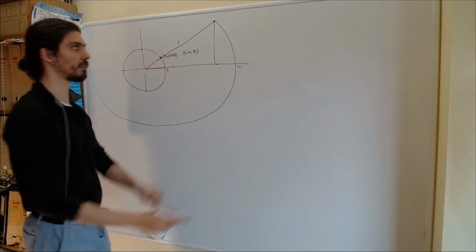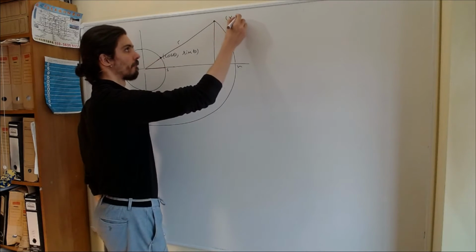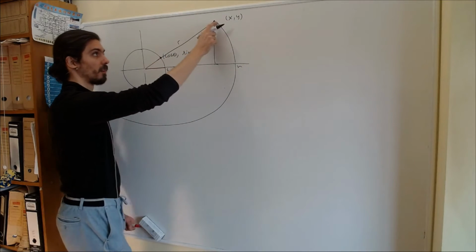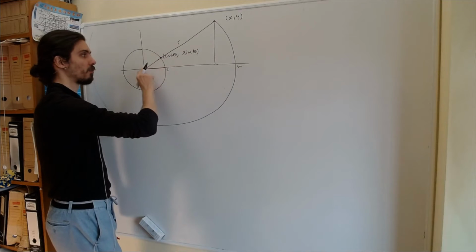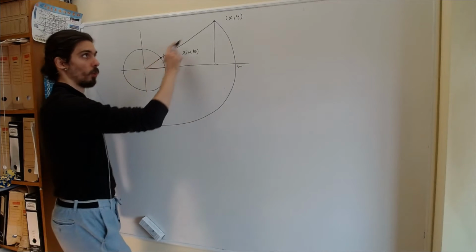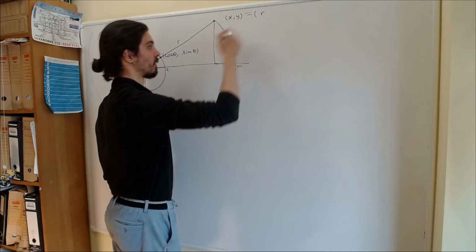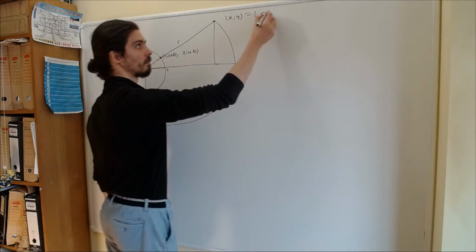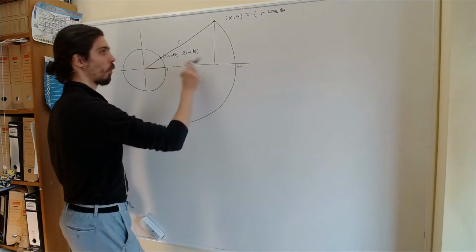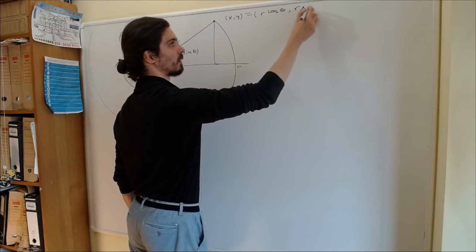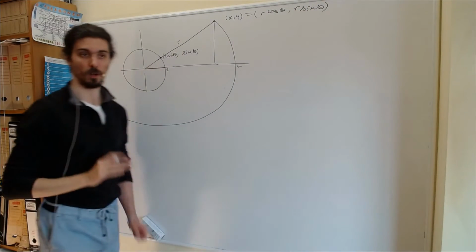The coordinates of this point are x and y. Since this point is r times farther from the origin than this point, we say that this x coordinate is r times the cosine of theta, and the y coordinate is r times sine of theta. Okay?